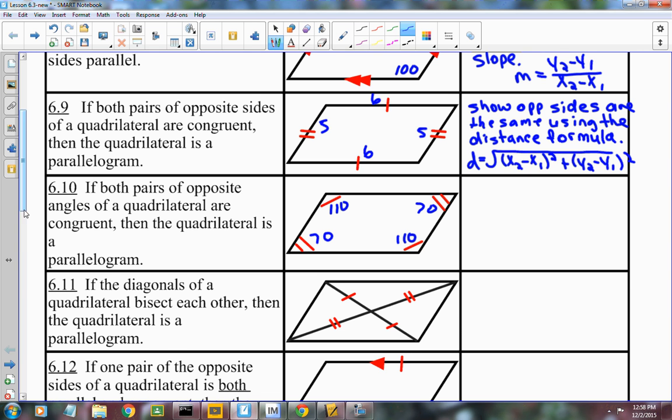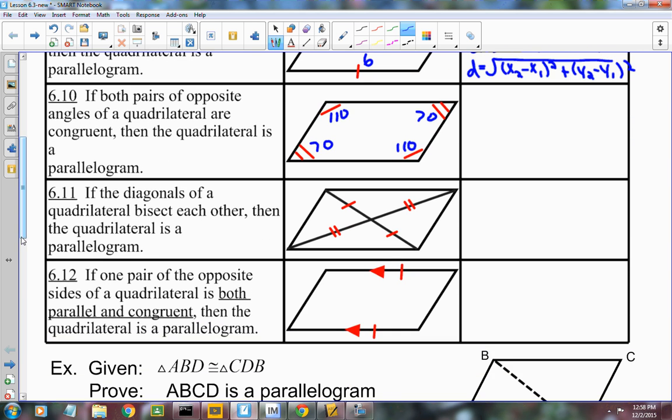Okay, the fourth way is to look at the diagonals and to show that they bisect each other. Okay? Let's say that I say this was 6, this was 6, this was 3, and this was 3. If you were given that information, then you could say that this was a parallelogram because the diagonals bisect each other. But what again if I gave you coordinates for the vertices?